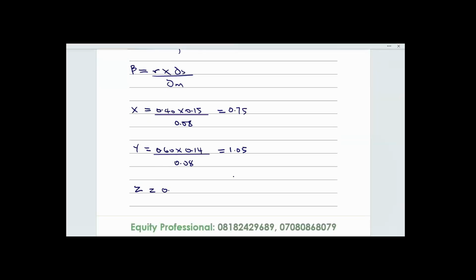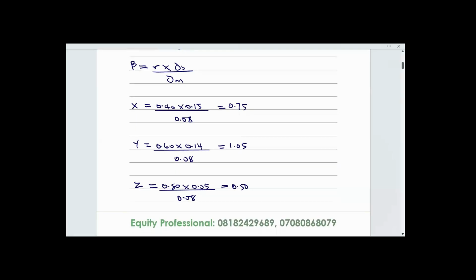So 80% multiplied by 0.05, divided by 0.08, which is the risk of the market. All right, what do we have here? 0.50. Again, security Z is less risky than the market.